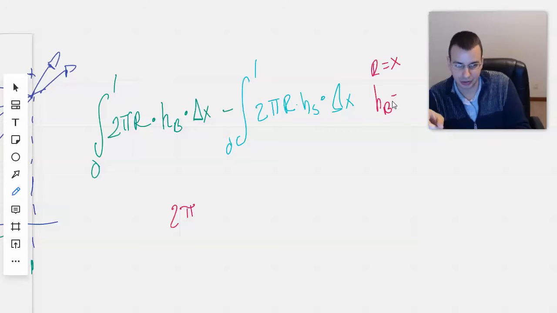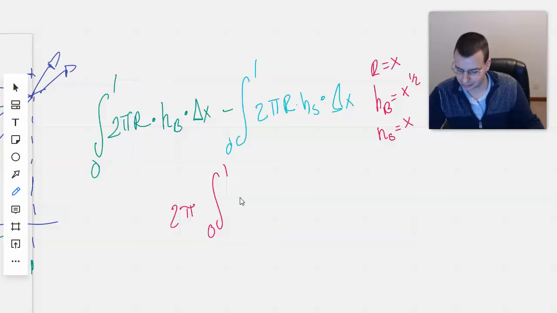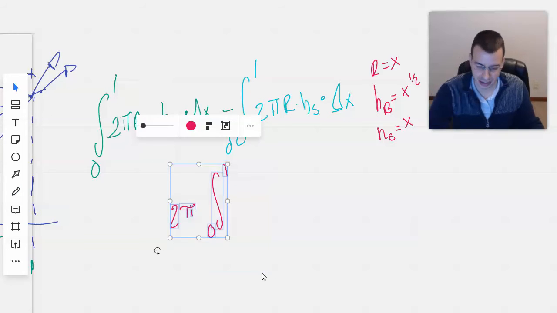H big, which will be the big height, will be square root of x, so x to the 1/2. And then height small will equal x. So 2 pi, 0 to 1. Do I want to do it that way? Nah, not yet.